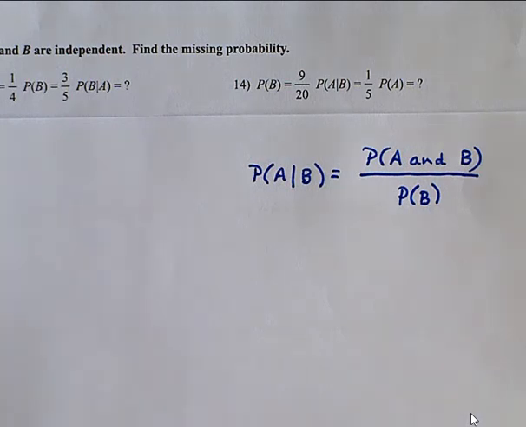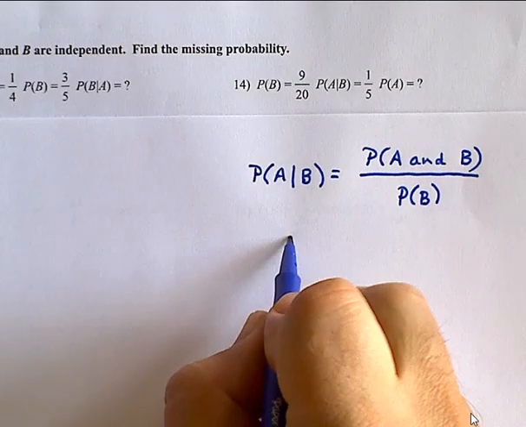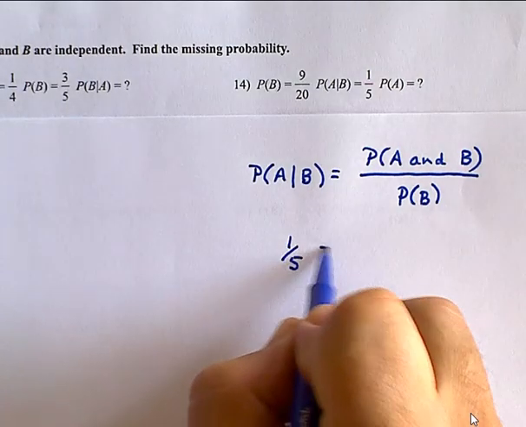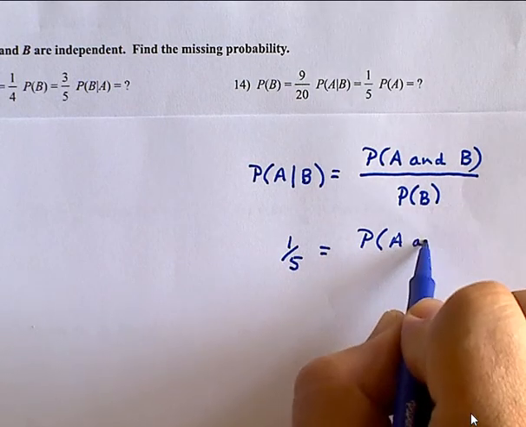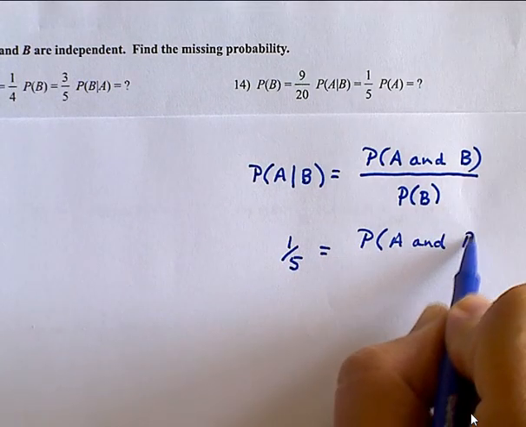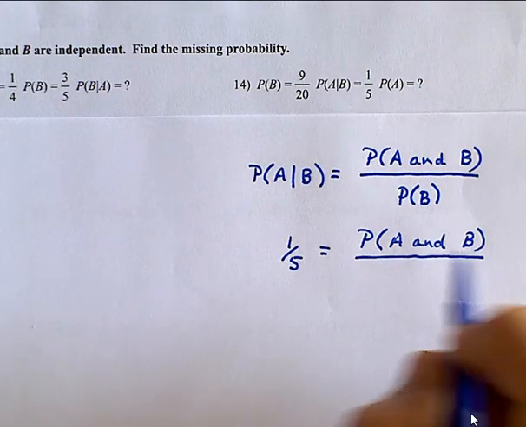Now I'm going to fill in the pieces. A given B, the probability given, is 1/5. Probability of A and B, I do not know. But the probability of B is given to be 9/20.